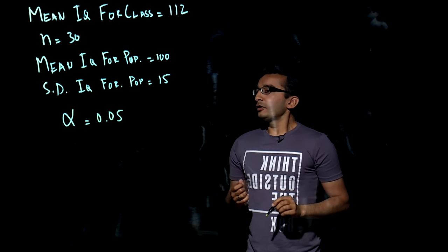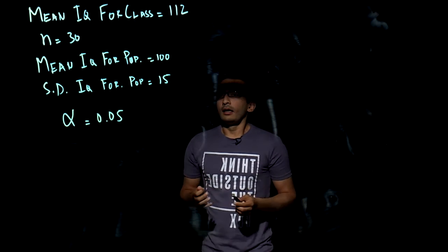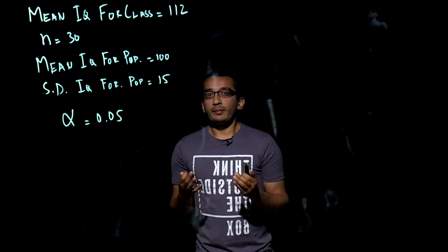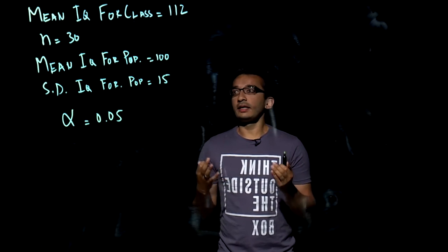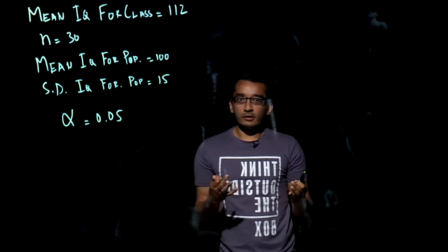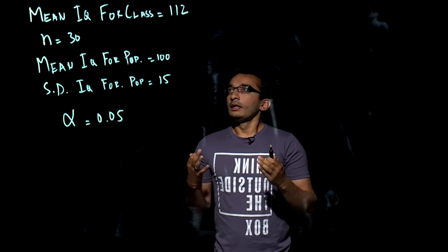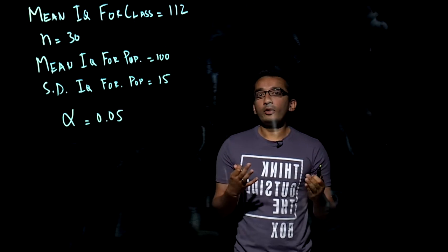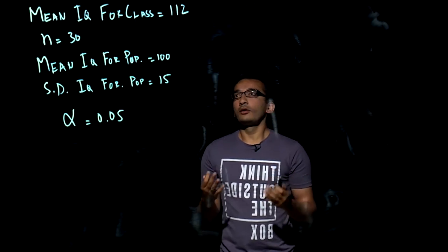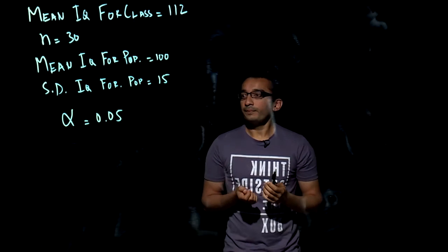What this 5% level of significance means is that if we actually reject the null hypothesis, we can be 95% sure that there's actually a difference between these two means. In other words, if we are rejecting the null hypothesis, there's a 5% chance of making an error in concluding that the difference actually exists when it does not.